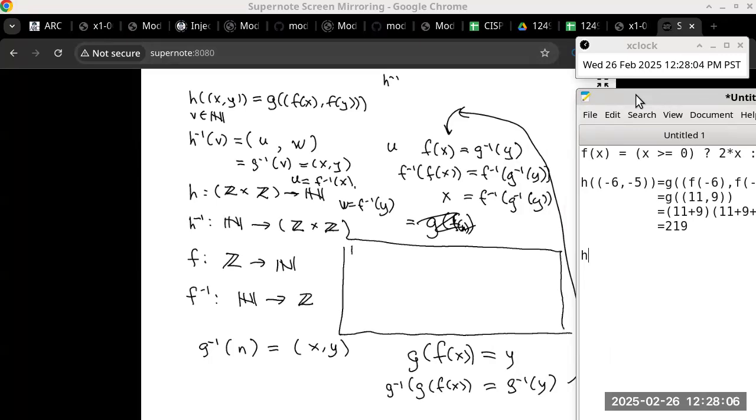Now we want to apply h inverse to 219, and we want to figure out what that is. Ultimately, there should be an integer here, and there should be another integer here, because h itself is taking a two tuple of two integers and mapping it to a natural number. So h inverse should take a natural number and reverse it back into a two tuple of integers. Does that make sense? Ideally speaking, if I apply this function, ultimately I should end up with 11, 9 as a two tuple.